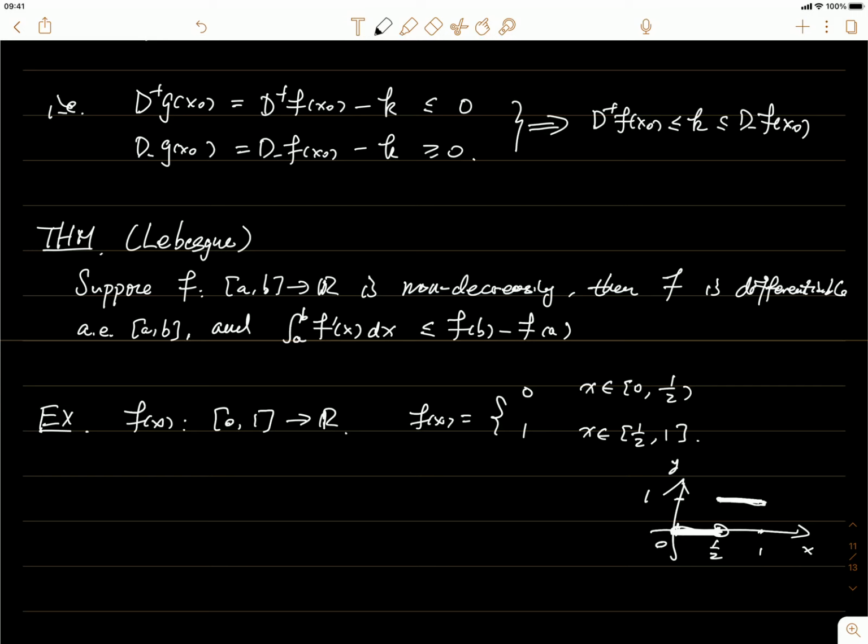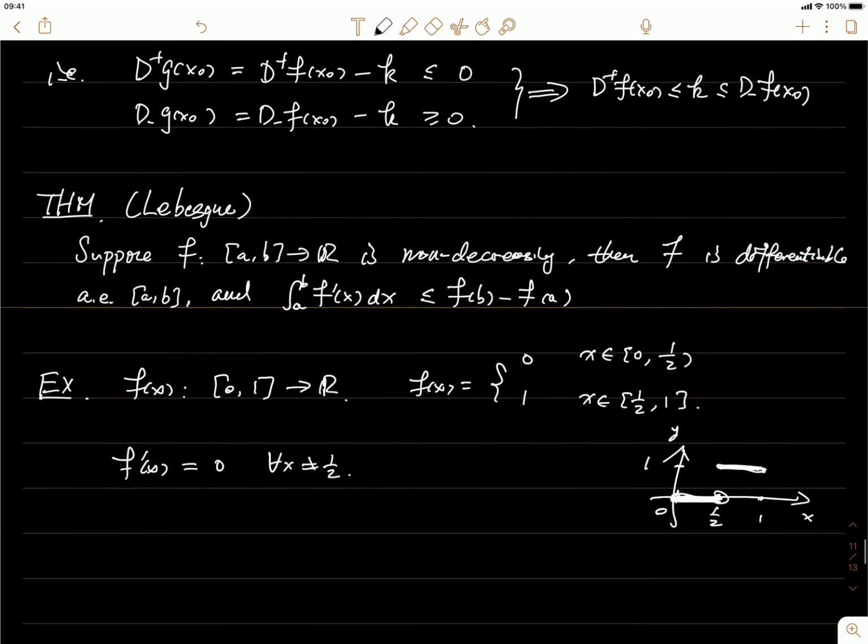So you can see the function is differentiable almost everywhere, right? It's only non-differentiable at this point 1/2. So it's differentiable almost everywhere, and the derivative is equal to 0 when it's differentiable. Okay, so f prime is equal to 0 for all x not equal to 1/2. But you take the integral. If this function f prime is 0 almost everywhere, it's just not defined, or it can be an arbitrary value at point x equal to 1/2.